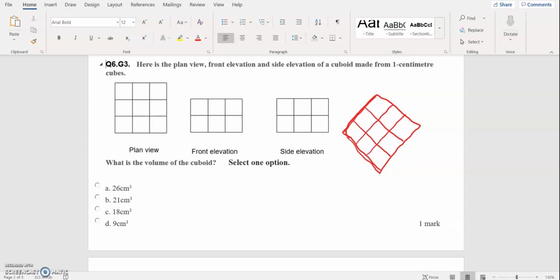Then we have a front elevation, which is 3 at the top, and then going 2 down. So we'll keep the lines parallel.